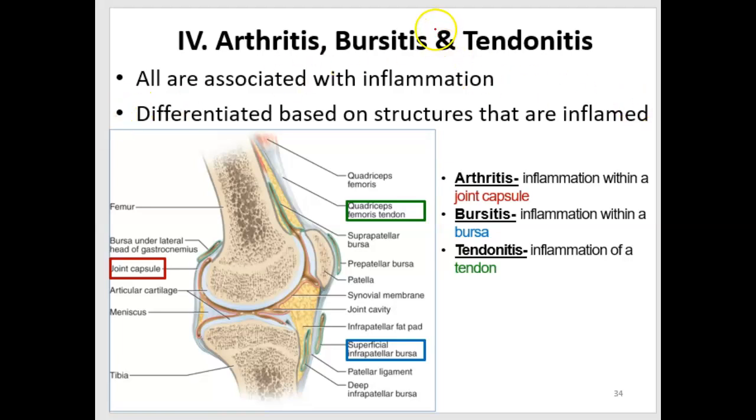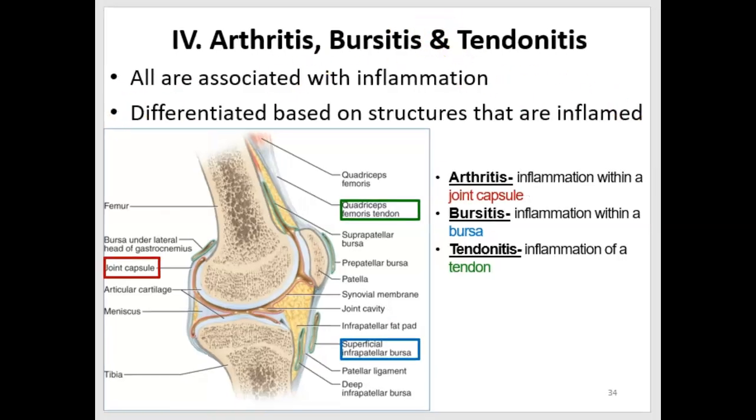Okay, our last topic is on arthritis, and I threw in a couple of other types of inflammatory conditions related to joints, because I wanted you to see that this "itis" in arthritis, bursitis, tendonitis, means inflammation.